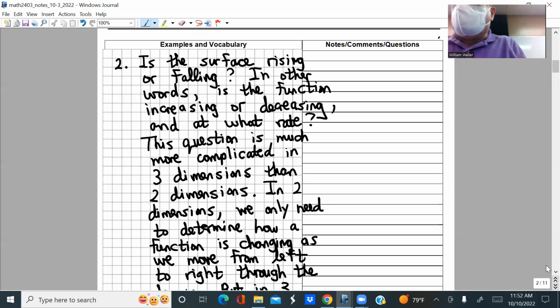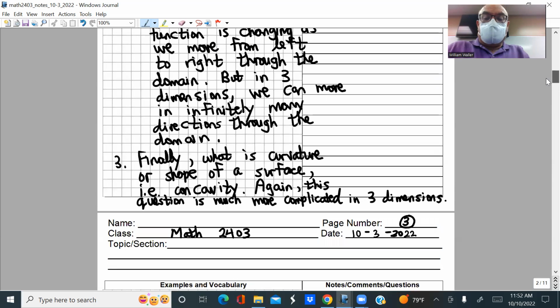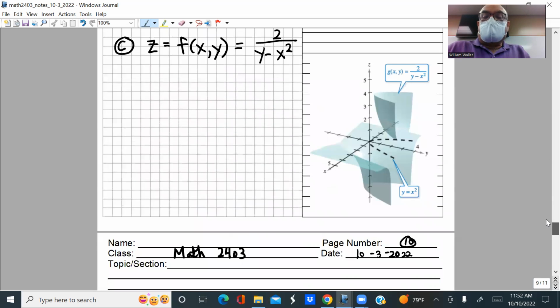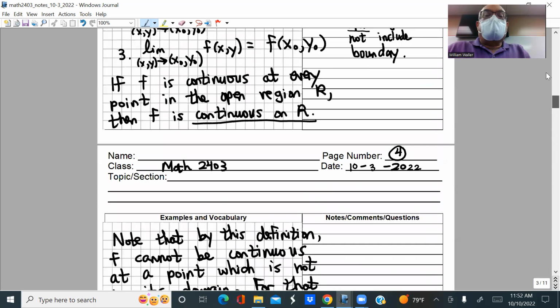But again, as we illustrated last time, because you can move in multiple directions away from a point on a surface, you might get different answers to what the concavity of a surface is at a particular point, depending on which direction you're thinking of moving away from that point. I think we showed a picture of that last time, but I don't know what I did with that curve, so I'm not going to be able to illustrate that again for you.